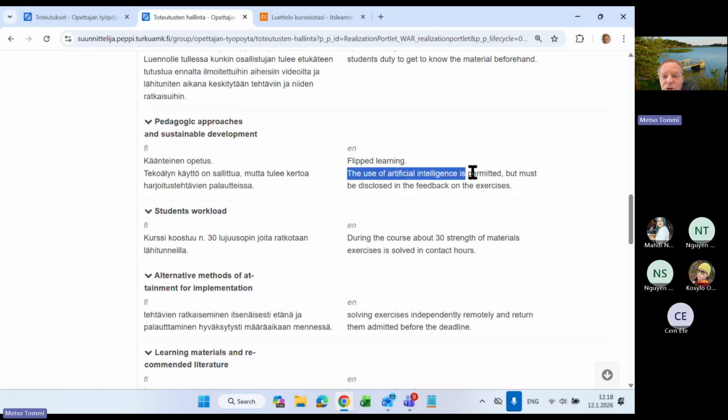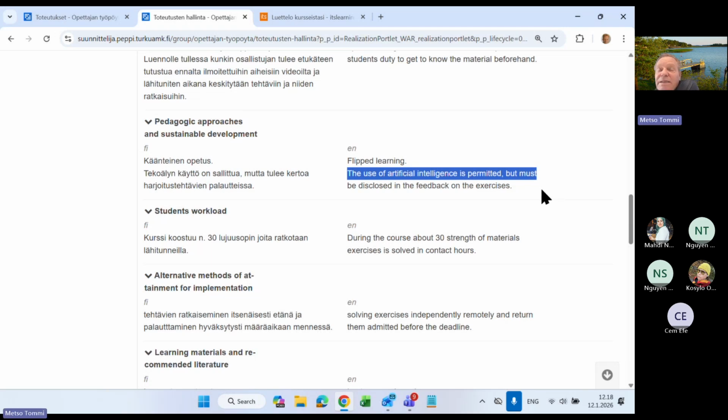This is also important. You can use artificial intelligence when you are solving your exercises, but put a mark AI when you are solving those. So it's okay to use, but you have to inform that you have used AI help.